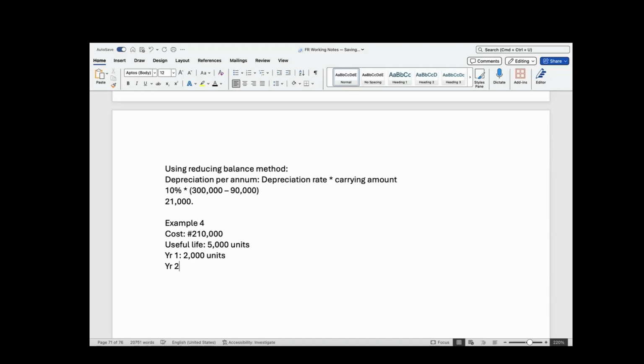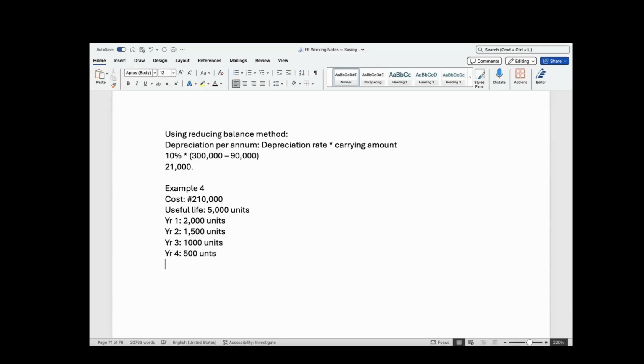In year two, this asset can do 1,500 units. In year three, just 1,000 units. And in year four, the remaining 500 units. So 2,000, 3,500, 4,500, 5,000.